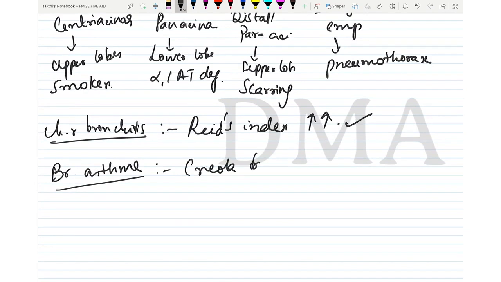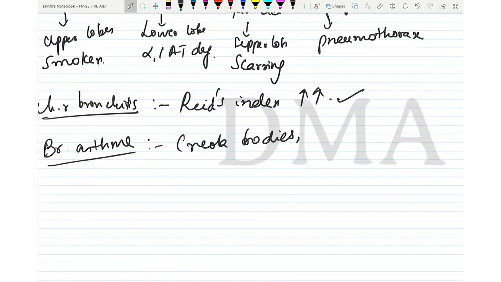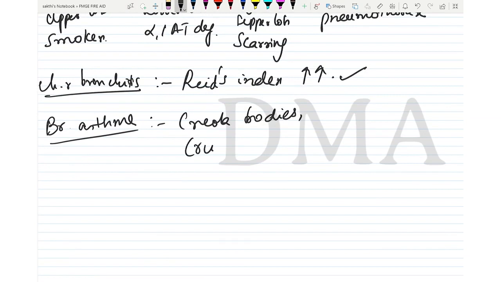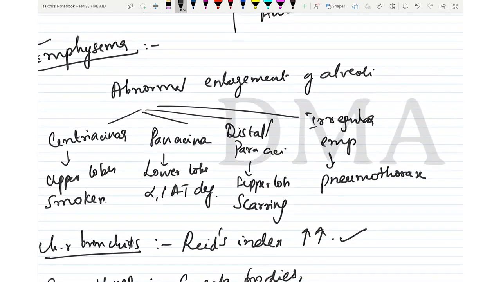Whereas bronchiectasis is due to abnormal permanent dilatation of the bronchi because of frank suppurative infections.